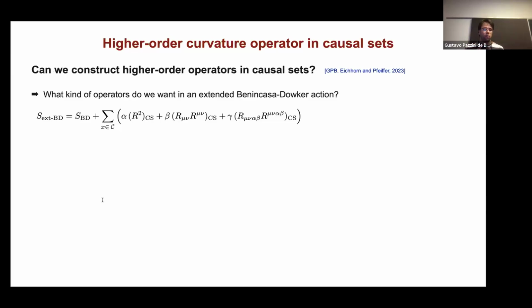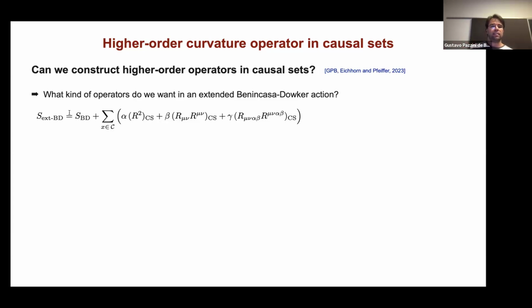In this part of the talk, I want to focus on the first step to answer this question, which is to construct the operators in the extended Benincasa-Dowker action that we would like to use in order to study the phase diagram in causal sets. First of all, what kind of terms would we like to include in a Benincasa-Dowker action to study the phase diagram?